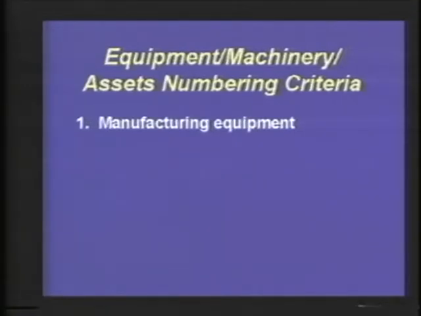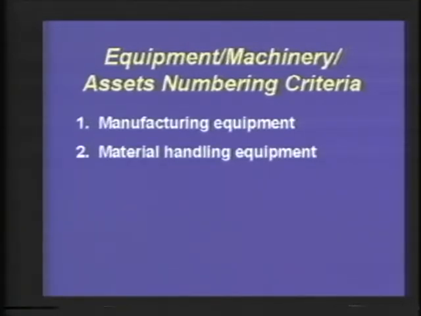Secondly, we could have material handling equipment, and again, where it's necessary, we can identify the first field into its individual material handling equipments. Third would be the tool room equipment.